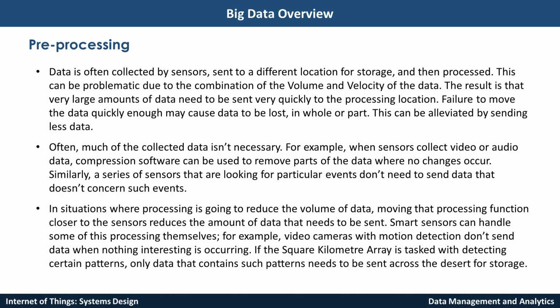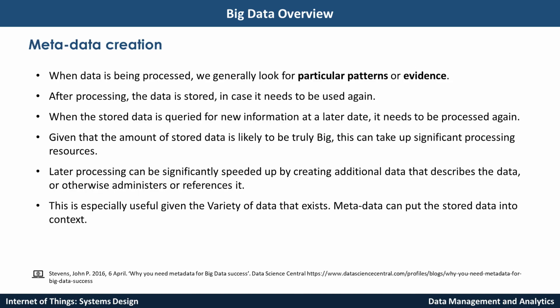You can average the data over 1 minute and send the average data. Or you can send data only when there is a change. If the temperature is the same, you don't need to send it again and again, and when the temperature changes, then you send it. So pre-processing is an important part of handling the large volumes of data that come from high velocity.